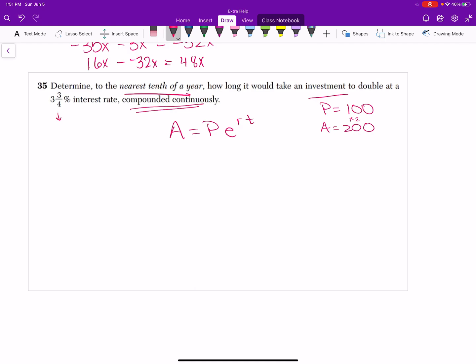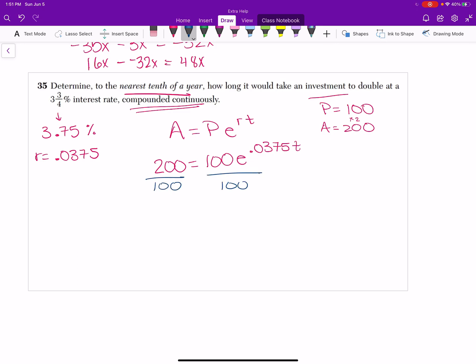R, 3 3/4% is 0.0375. So plugging these numbers into my equation, we're going to solve for T. So no matter what number you picked as your initial amount, when you go to divide it over, it should equal 2 because it doubled.